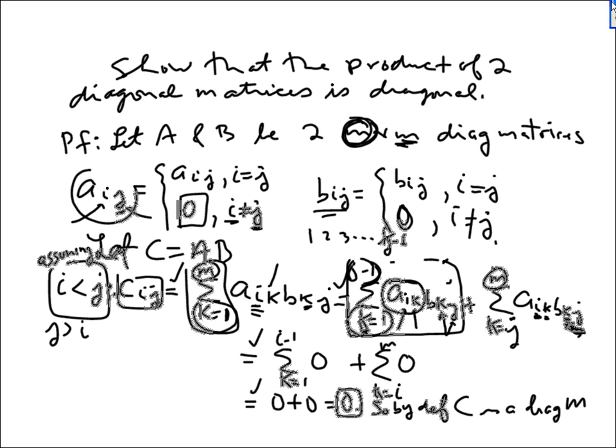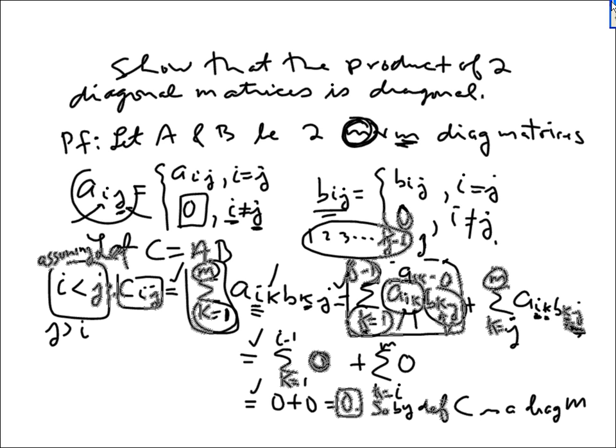Those are the values that k can be. The next number is j itself. These are all less than j. k and j are never equal to one another. Hence, b_kj is 0. And a_ik times 0 is 0.